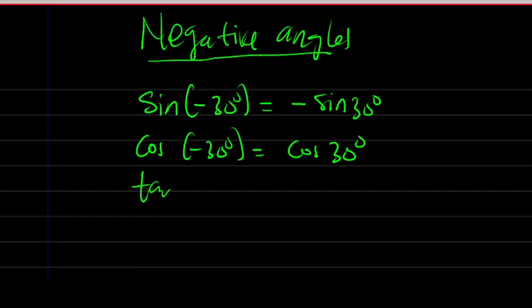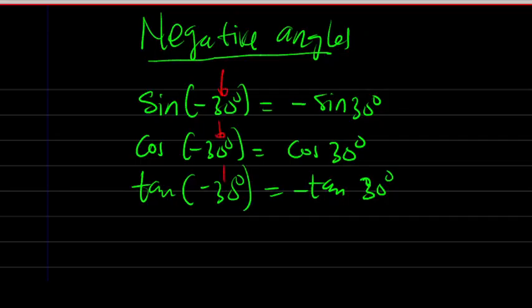Tan minus 30 degrees is the same thing as minus tan 30 degrees. The reason is that whenever the angles are less than 90 degrees, this is what you are going to have.